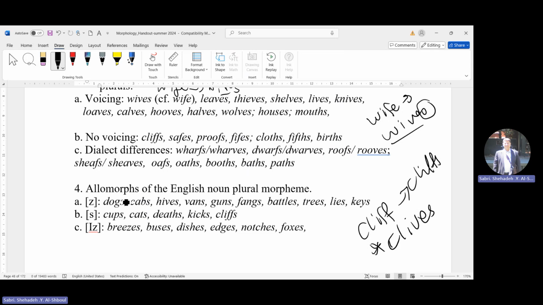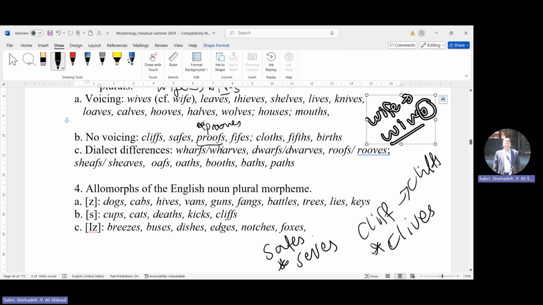Or safe becomes safes, not saves, or proofs, not proves, right? Fifes, not fives, cloths, not clothes, and so on and so forth. Sometimes we have some dialectal variations, right?